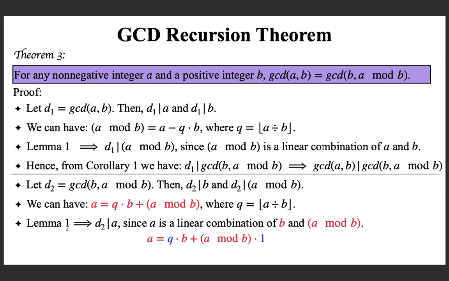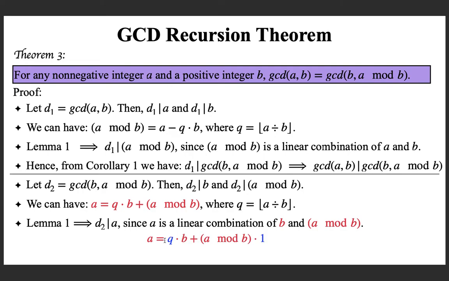Then from lemma 1, D2 divides A because D2 divides B and D2 divides A mod B, and hence D2 must divide any linear combination of B and A mod B, and now A is written as a linear combination of B and A mod B. Why is it a linear combination?